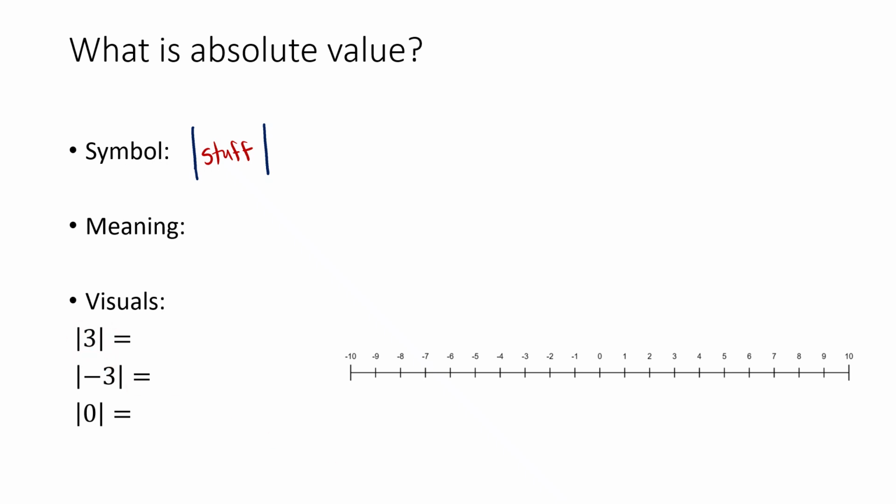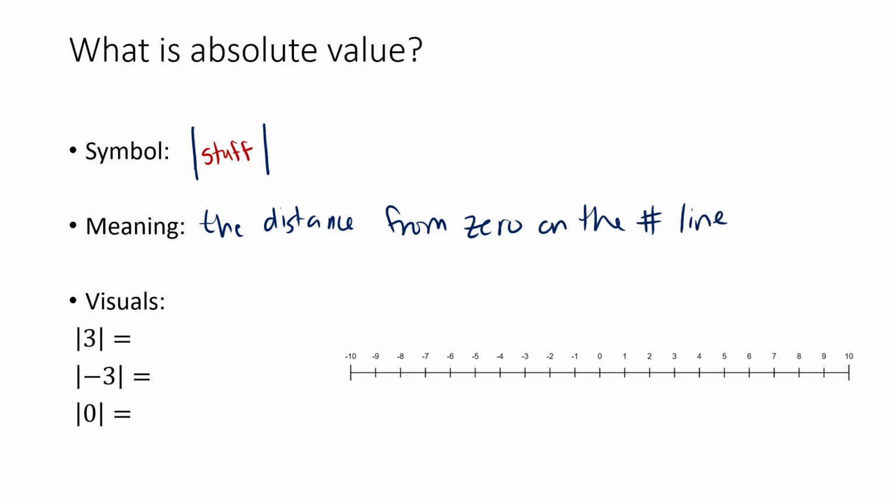Okay, these two vertical lines literally mean the distance from 0 on the number line. Okay, and I used to just say the distance from 0 and then realize that in my head, I'm picturing the distance from 0 on a number line, like that's what I mean. And that many of my students weren't picturing that, like the distance from 0 didn't mean much.